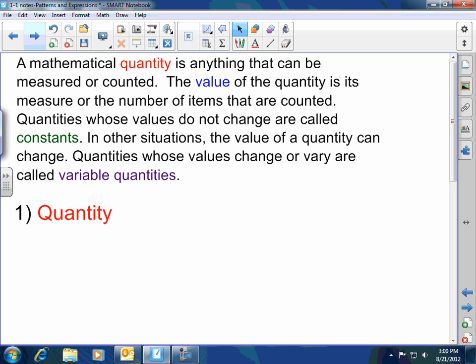So now, let's talk about some vocabulary. A mathematical quantity is anything that can be measured or counted. Now, the value of the quantity is its measure or the number of items that are counted.